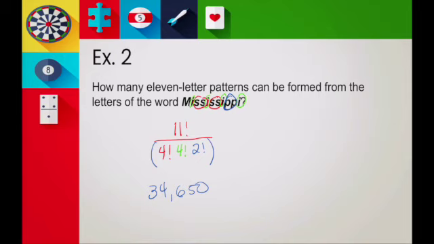But compared to just 11 factorial, which is going to be really huge, 39,916,800. So many fewer patterns when we eliminate those repetitions.